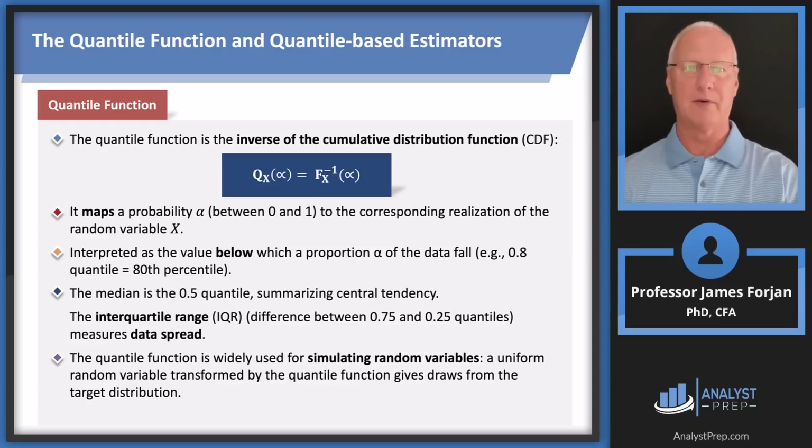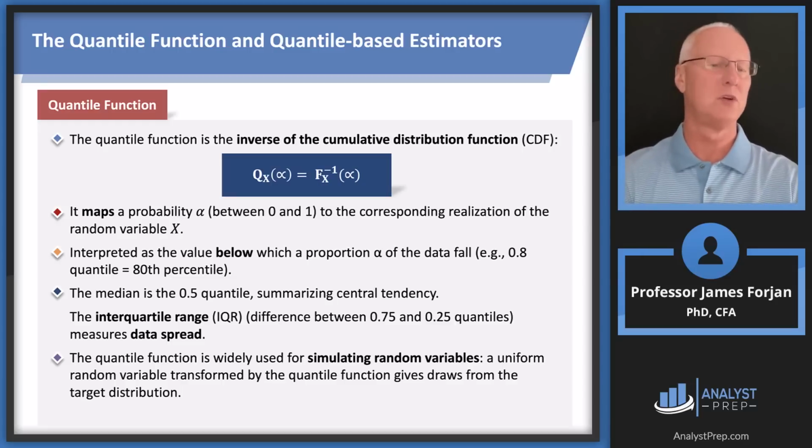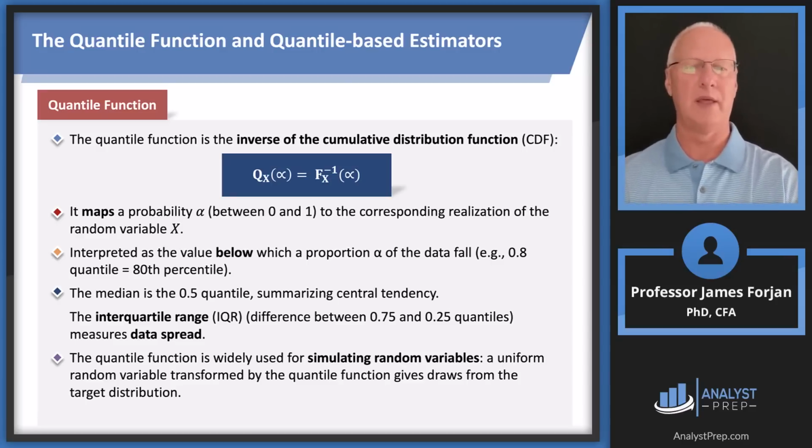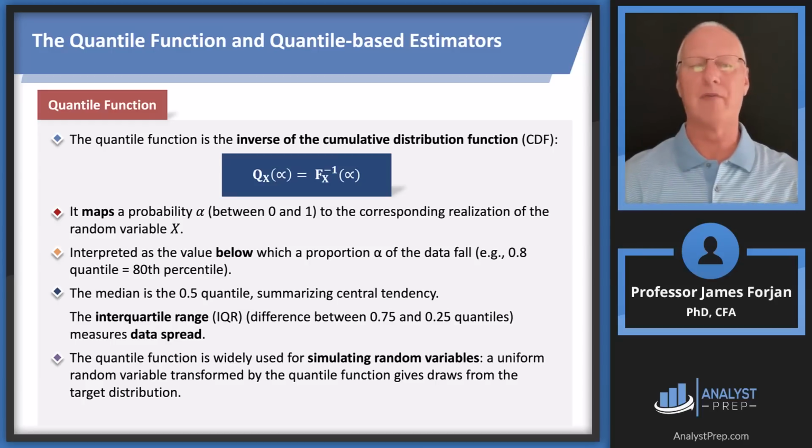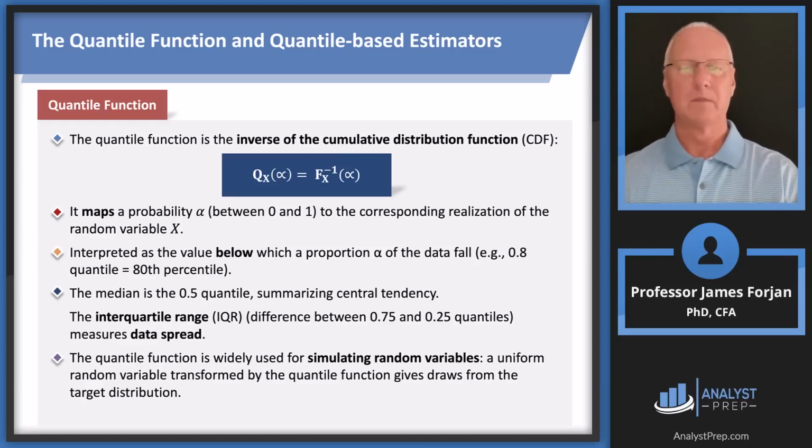But what this quantile function does is it maps some probability that relates to, what did I say with the Microsoft, the 2.8 or the 2.6 or the 3.2, whatever that thing is. And we can interpret that as the value below whatever that alpha number is that we pick.